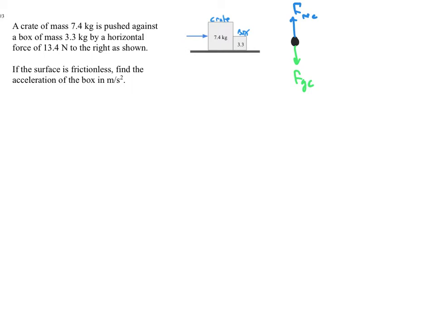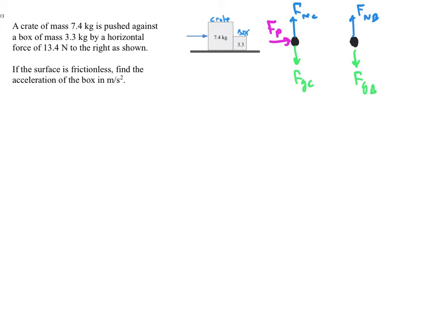And it's being pushed, which I'll call FP. And then for the box, I'll have a weight, which I call FGB, because it's different. And I'll have a normal force, which I'll call FNB, because it will generally be different.